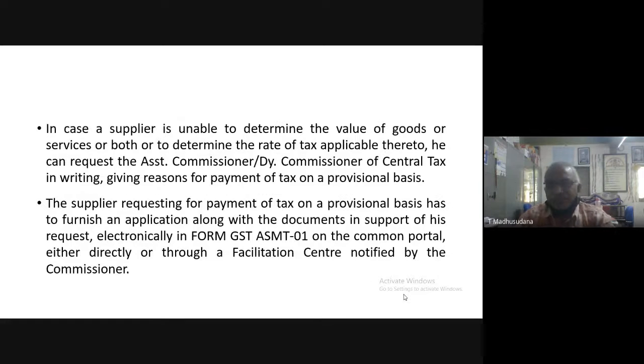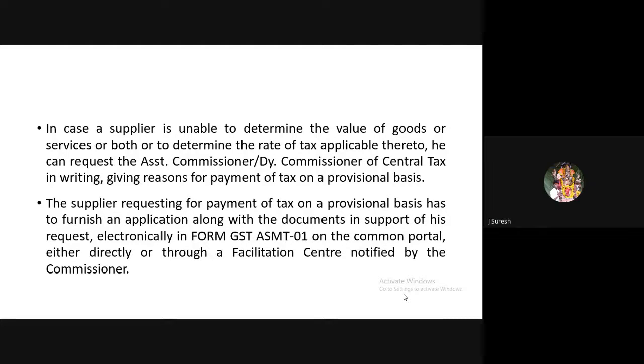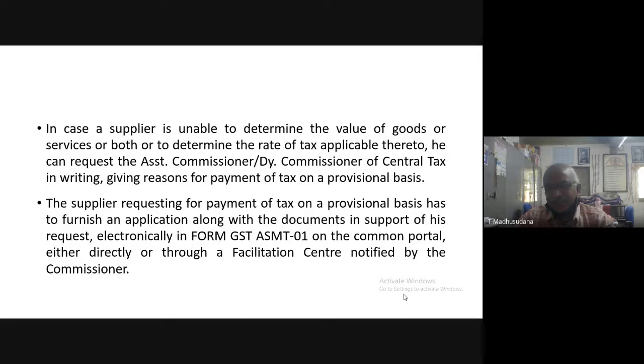Okay. Next, if a supplier is unable to determine the value of goods or services or both, or to determine the rate of tax applicable thereto, he can request the assistant commissioner or deputy commissioner of central tax in writing, giving reasons, for payment of tax on a provisional basis.